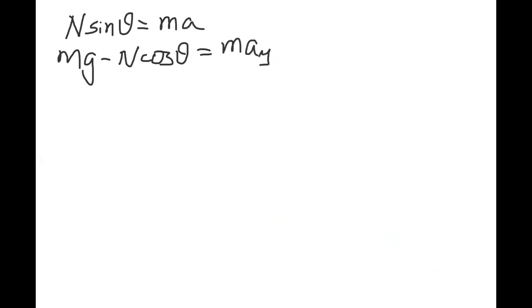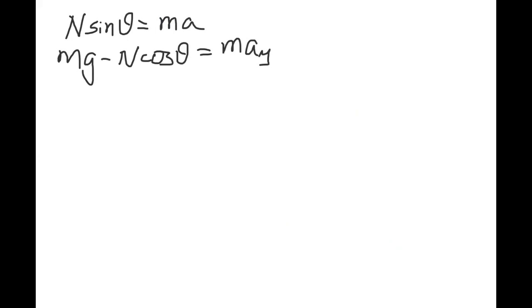Right? So now how many unknowns do I have and how many equations do I have? Obviously, I have 2 equations, but the number of unknowns is still exceeding the number of equations.